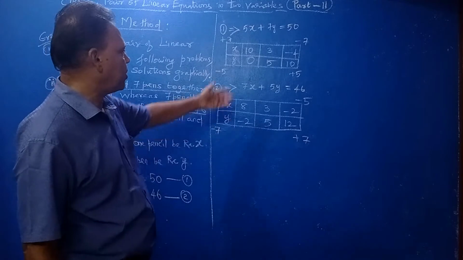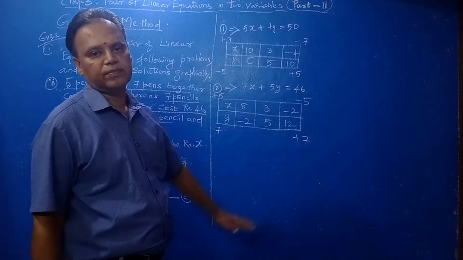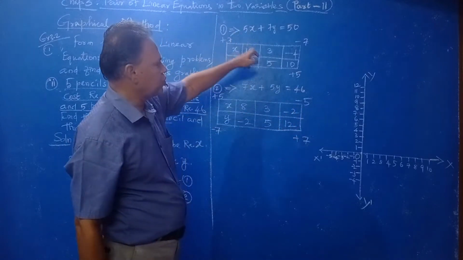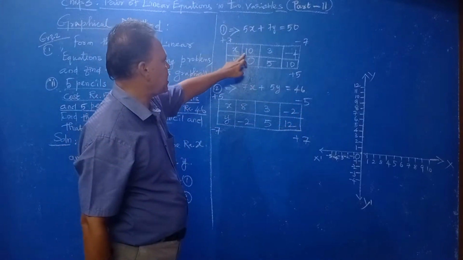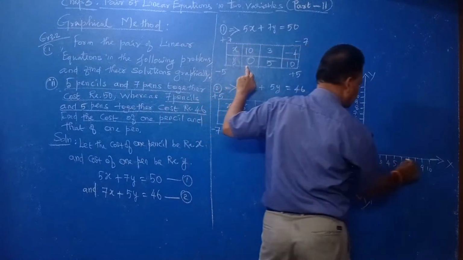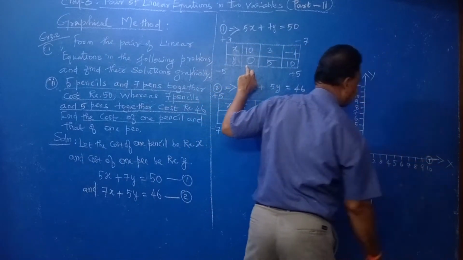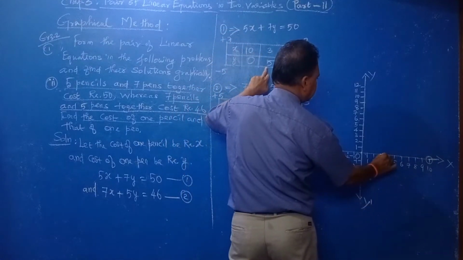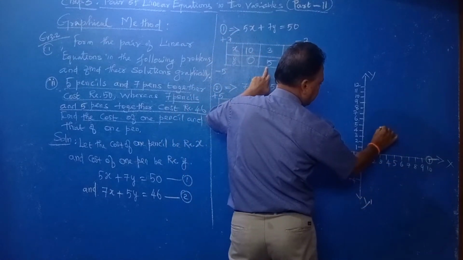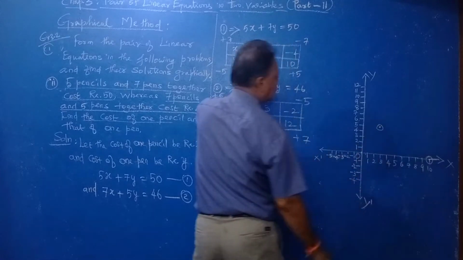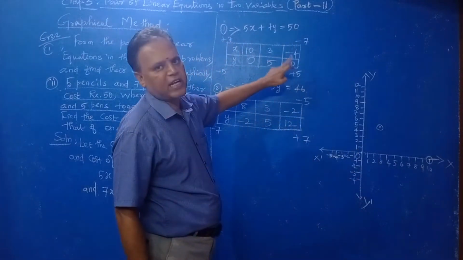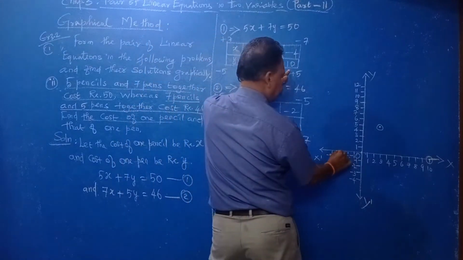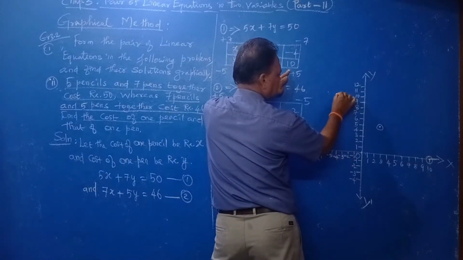Now you can plot this in the graph and let's see. Now we can plot these points. First equation's points we can plot. 10, 0: on the x-axis 10, 0 here. Then 3, 5: x-axis 3, y-axis 5 here. Do it in the graph and you will get it very accurately. Minus 4, 10: minus 4 here, 10. Here it is.